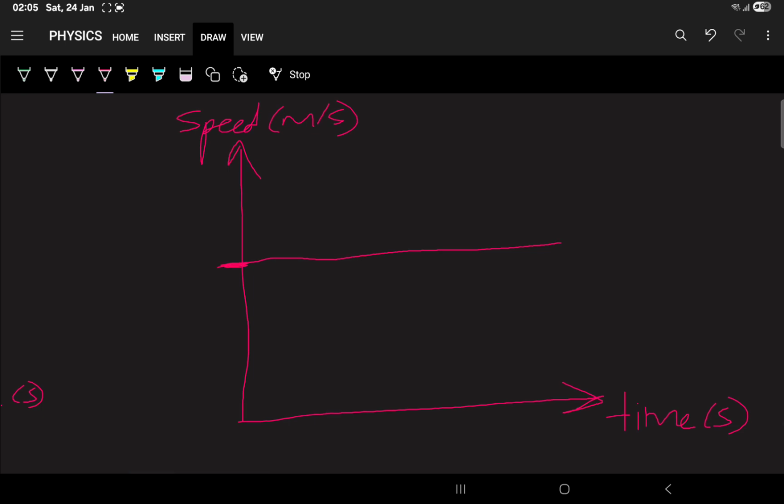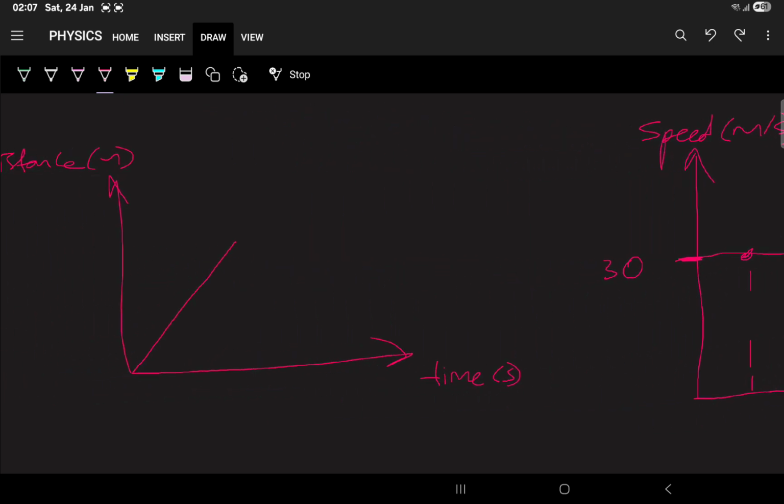Let's assume the speed here to be 30 meter per second. If the speed is constant or uniform, it means it should be same at every point in the graph, since this is the speed axis. So at this point it's 30, 30, 30, 30, 30. The time may change, but the speed when traced up will always give 30.